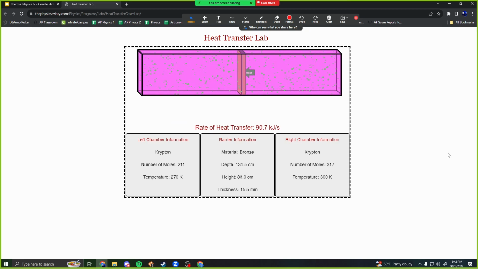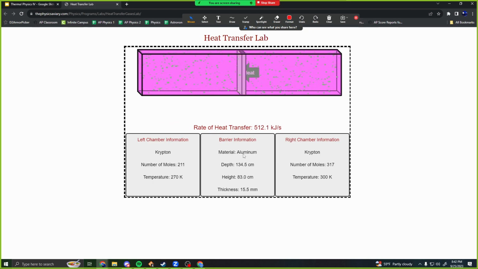I can change the material of how good of a conductor of heat this is between bronze or gold or lead, right? So your rate of heat transfer is going to change depending on what you actually have here. So silver, for example, clearly is going to have a very high rate of heat transfer, which hopefully makes sense when you think about how fast silver heats up.